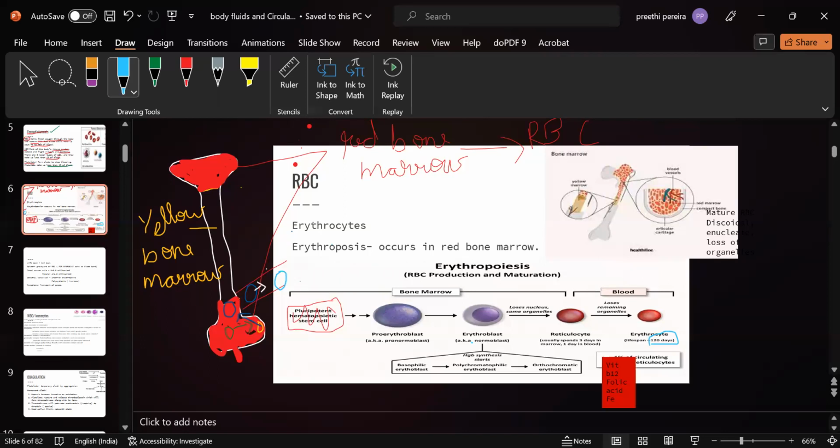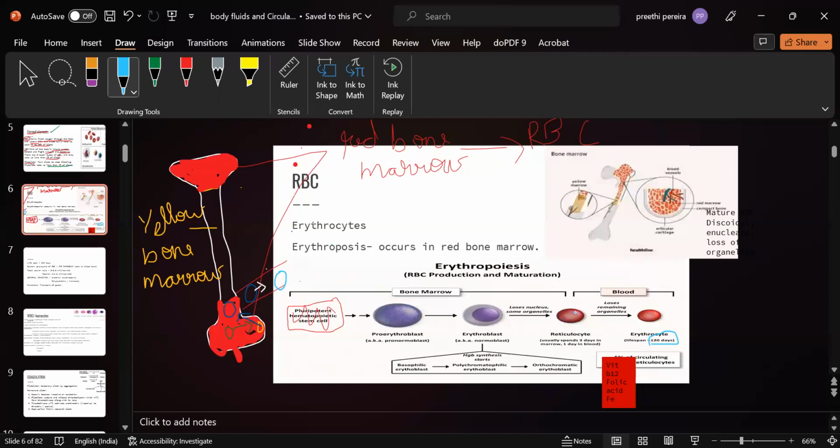Okay. Erythroblast will lose its nucleus as well as its organelles inside the bone marrow, and it converts into reticulocyte. Reticulocyte doesn't have nucleus and organelles, and it is inactive. It cannot fix oxygen. It stays for 3 days in the bone marrow and 1 day in our blood vessels.